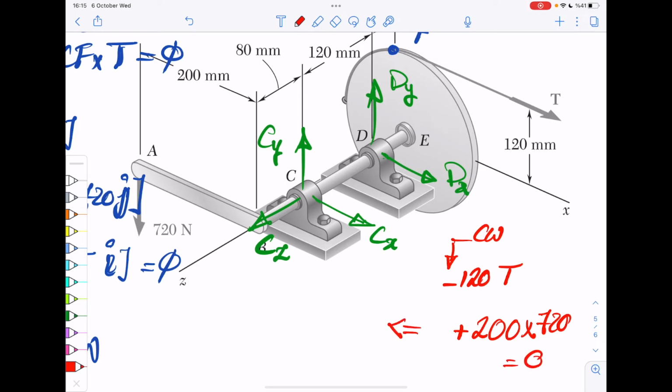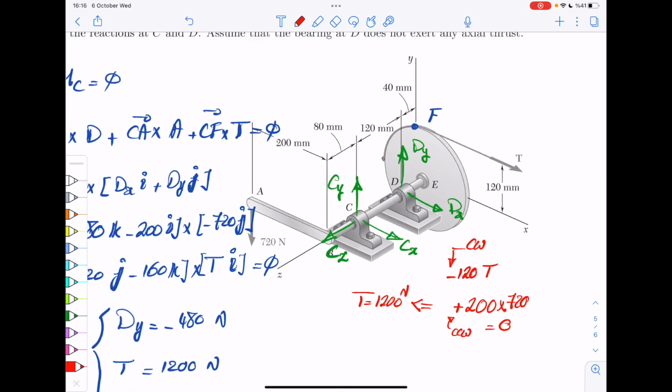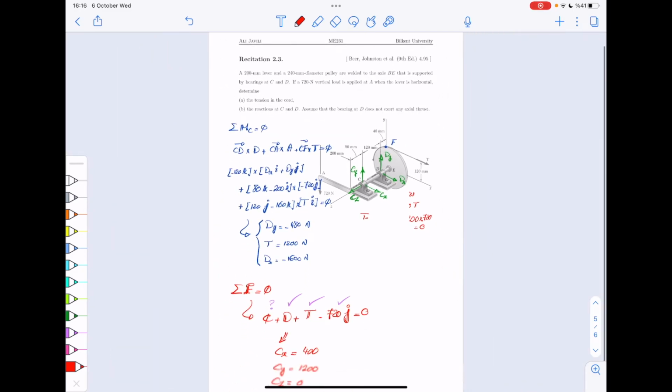And plus here means it's counterclockwise. You can immediately see this gives you T equals 1200 newtons. Does that make sense? Okay, so that's that. Any question?